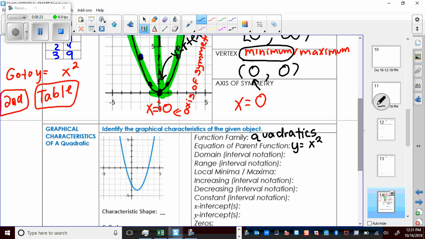The domain, it's not even a thing. It's negative infinity to positive infinity. Automatic. But your range, what's your lowest y value? Down here, -4, and it's a hard bracket. Up to where? Positive infinity.